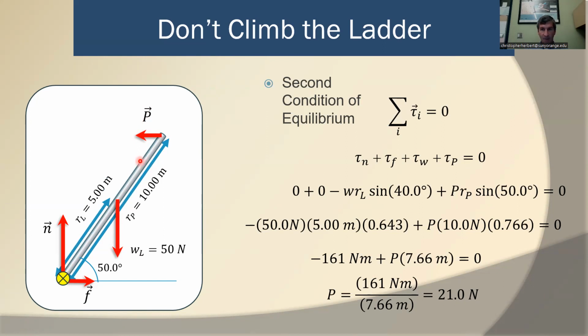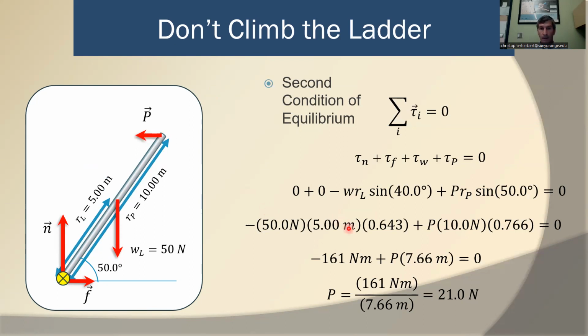You should know that from geometry. And again, W times R_L times sine theta gives me this torque for the weight. It wants to rotate the whole thing in the clockwise direction. P times R_P times sine 50 degrees gives me my counterclockwise torque due to P.